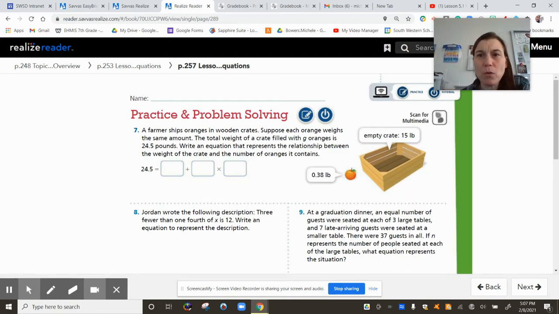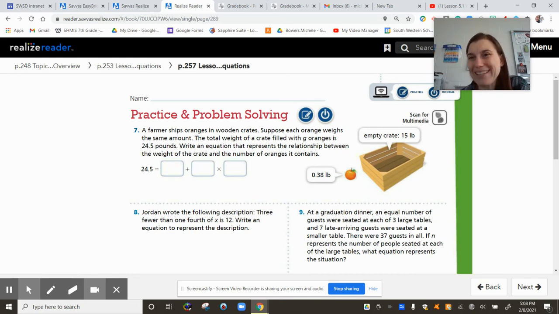A farmer ships oranges in wooden crates. Suppose each orange weighs the same amount. The total weight of the crate filled with G oranges. So when it says G oranges, that means that normally it was just a total weight of a crate filled with 17 oranges, or the total weight of a crate filled with 35 oranges, whatever, right?